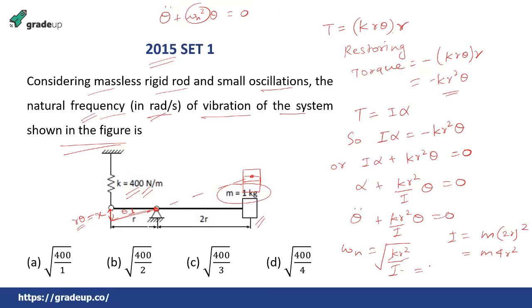So omega n will be equal to the root of k r square upon m 4r square. The r square gets cancelled, k is equal to 400, m is equal to 1, so this will be root of 400 divided by 4. So the answer is option D. Simple question.